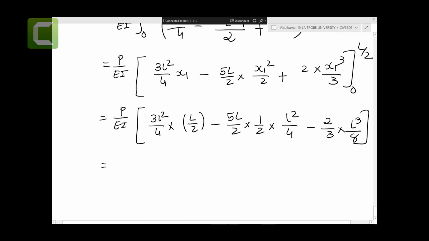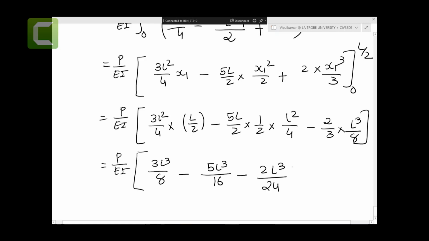Right? It's just the integration. 3L cubed on 8, minus 5L cubed on 16, minus 2L cubed on 24.